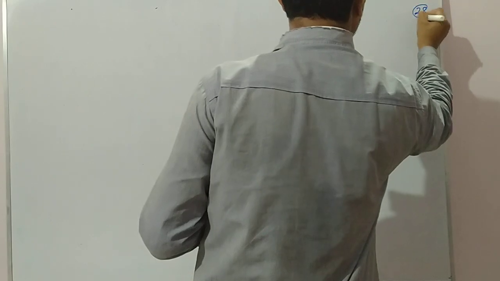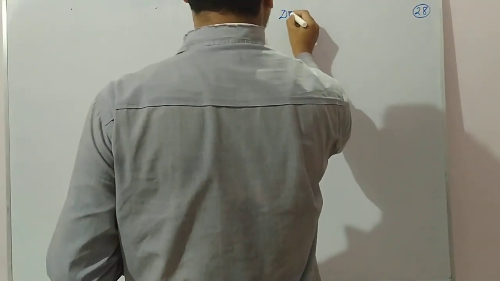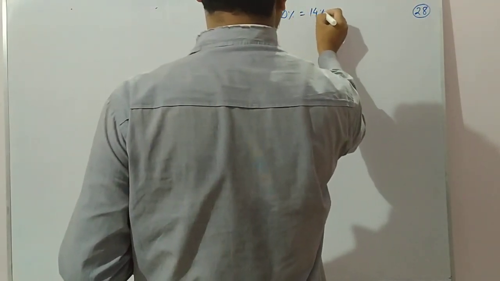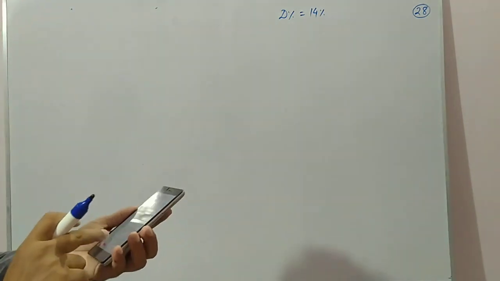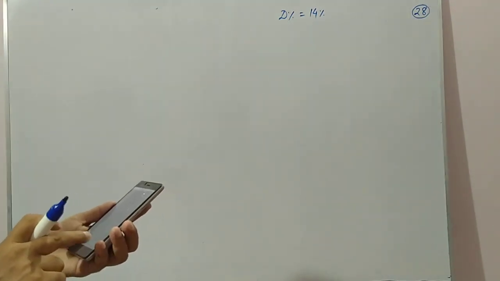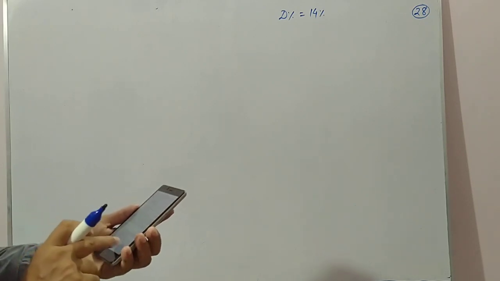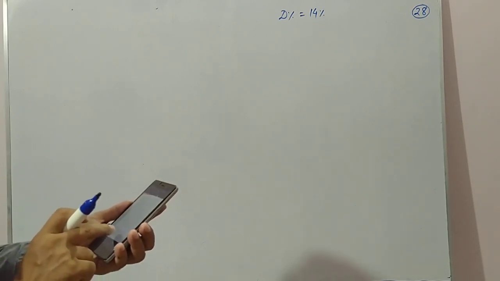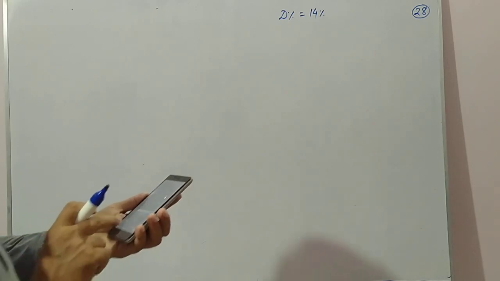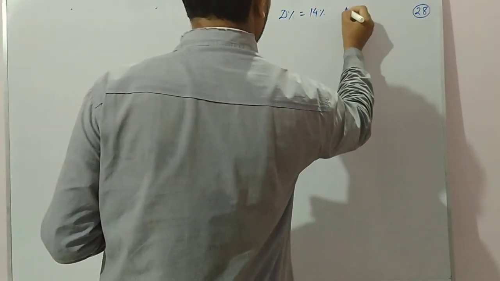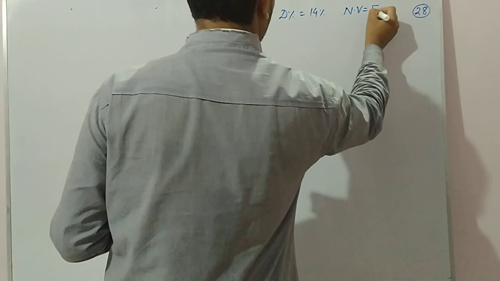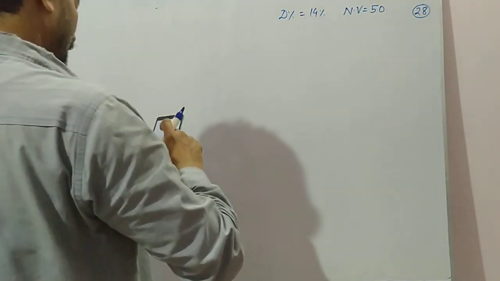Dividend percent is 14%. Find the market value of rupees 50 shares. The nominal value is 50, and we have to find the market value of rupees 50 shares.